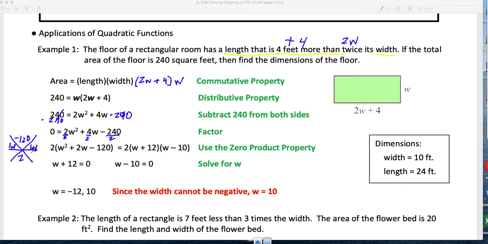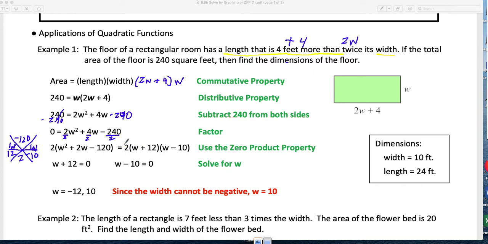And now I need to know what can I multiply together to get a negative 120 and add together to get a positive 2. And that's going to be a 12 and a 10. And since I need this to be a positive 2, that's going to be a negative 10 and a positive 12. 12 minus 10 is going to be a positive 2. 12 times negative 10 is a negative 120.